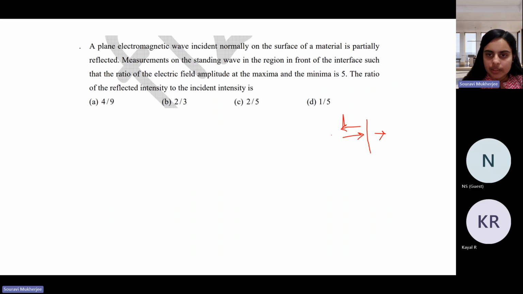Now you are standing here, and you see that the electric field amplitude has a maxima and a minima, and the ratio of that is equal to 5, right? So what is the ratio of the reflected intensity to the incident intensity? So basically you need to find the reflection coefficient, right? So how do you do that? Any clue?